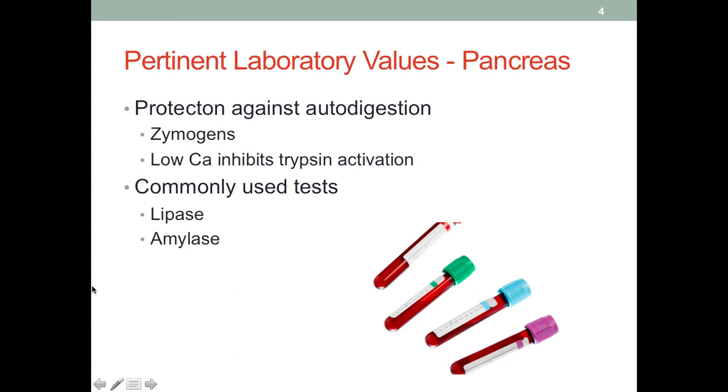So checking serum levels of lipase and amylase from the pancreas is a common test to diagnose pancreatic disease. It's also useful in monitoring the progression and effectiveness of treatment for these diseases.